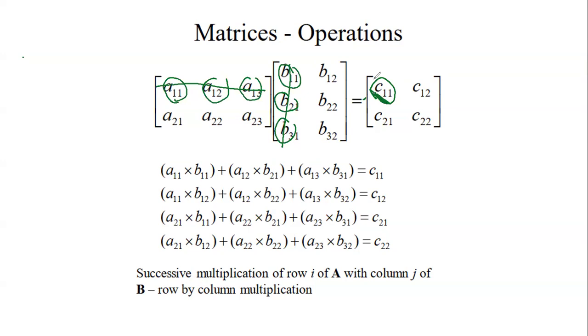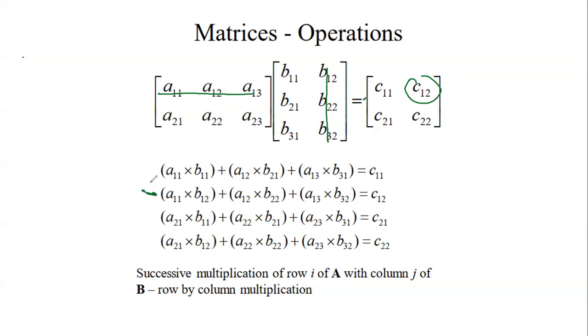Right? Erase, and I'll go to the next one. So next, you have to multiply this row by the second column, and that will give you this one. And that's what I'm showing you here, right? And then after that, move on to this.